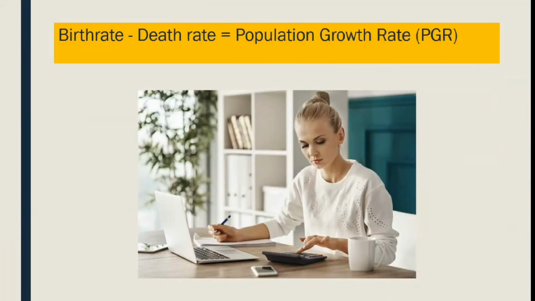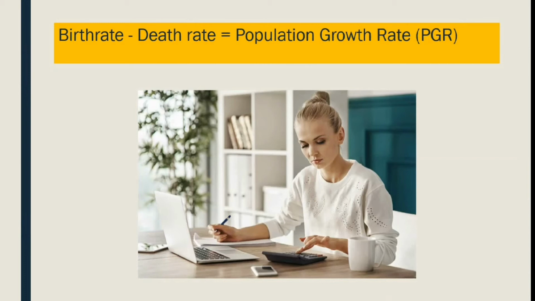You can calculate a country's population growth rate. For convenience and because immigration and emigration rates are not always accurate, this formula is often stated as birth rate minus death rate equals population growth rate, or PGR.